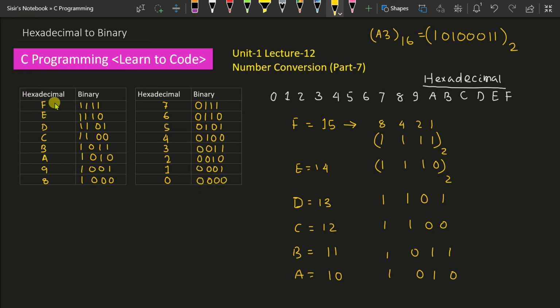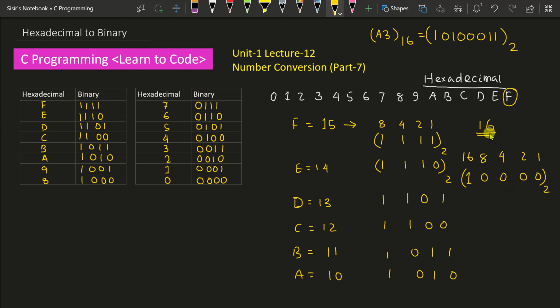So why am I writing from F? Because I want to show you that the biggest digit in hexadecimal is F, and it can be represented with a 4 digit binary number. F is 15. If you want to represent 16 in binary, what will happen? Let us write down the formula: 1, 2, 4, 8, 16. So this becomes 1 and the remaining will be 0. This is the binary equivalent of 16.